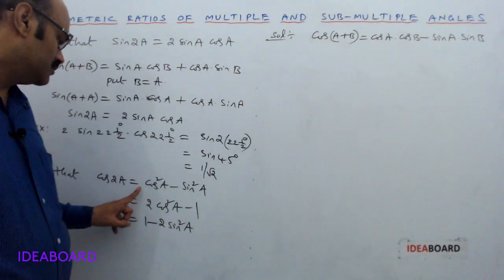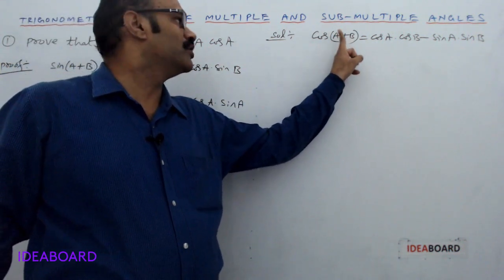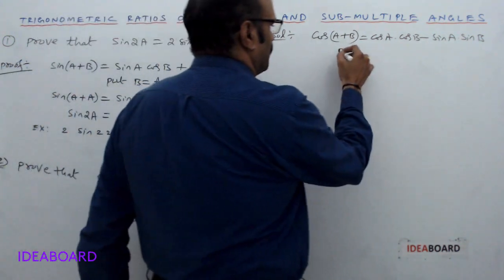Now, to get 2A, put B equal to A in the above formula.